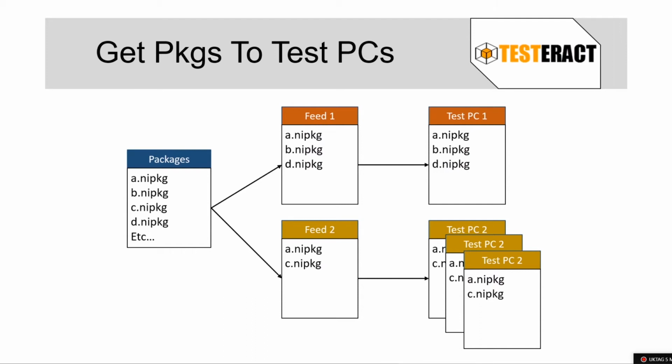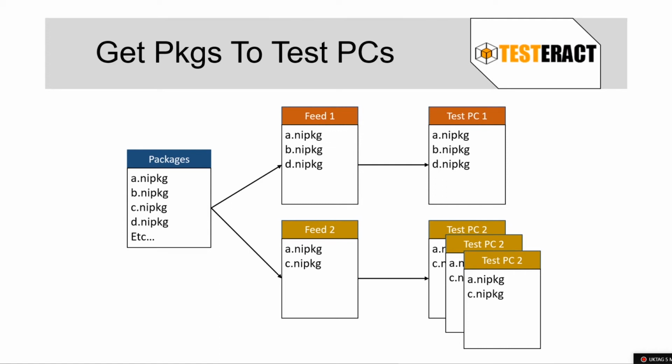So if you look at the overall picture, how do we deploy using packages? What we do is we usually have a centralized location where we put our packages. That can be in your source code control, or a shared drive, or a database. But we usually just build all our packages to a certain location. And then, if you're using feeds, your feeds can subscribe to the packages that you want.